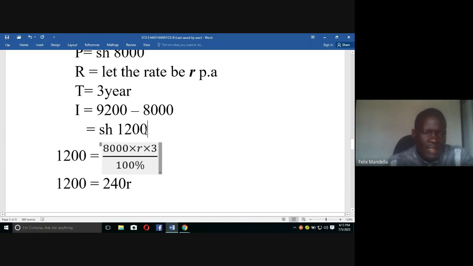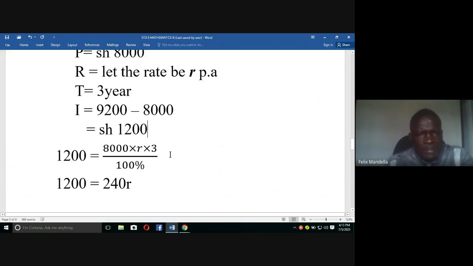It is simply subtracting what was in the bank at the end of 3 years minus what Maloba took to the bank at the beginning. So you get the interest the money had earned.